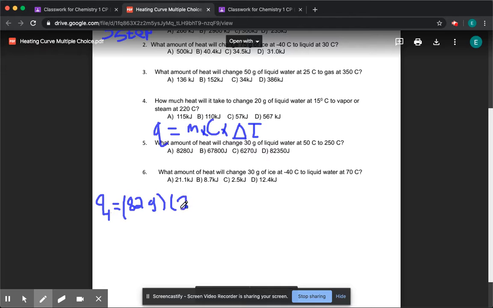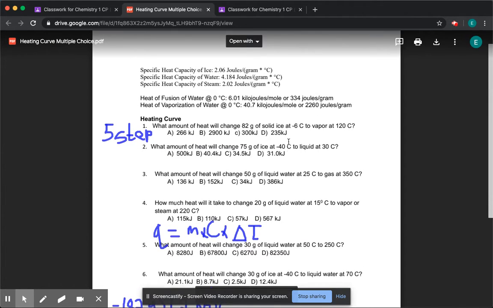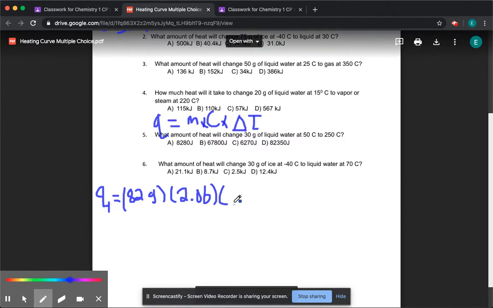I'm not going to put the units because I really don't have that much space. Times, what's the change in temperature? We are going from -6 to 0. So that's a total change of +6. Plug all your numbers into your calculator, you get your value. We'll do all that at the very end.